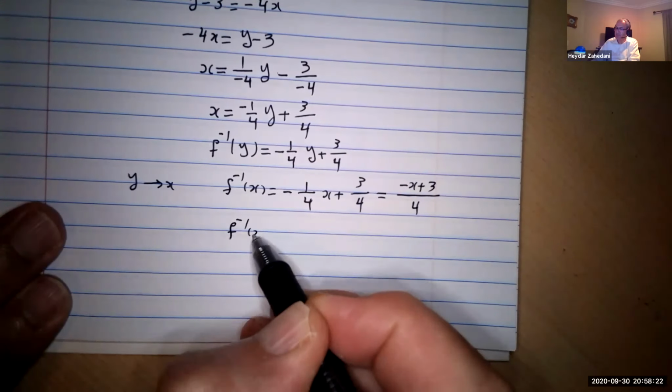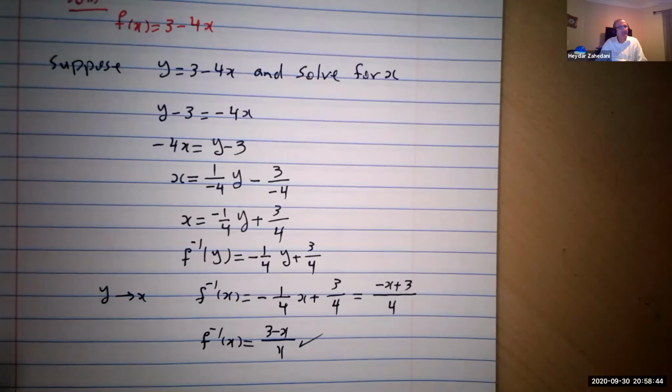I have the f of x, I find the inverse of the function, 3 minus x over 4, and you are done. That's one easy method to get this one. Any question?